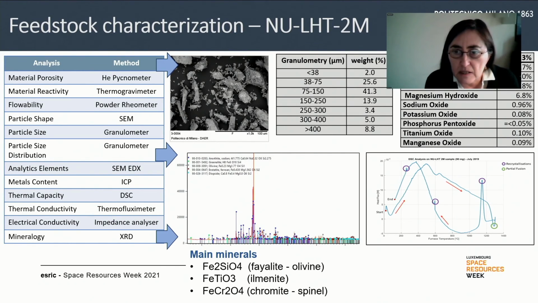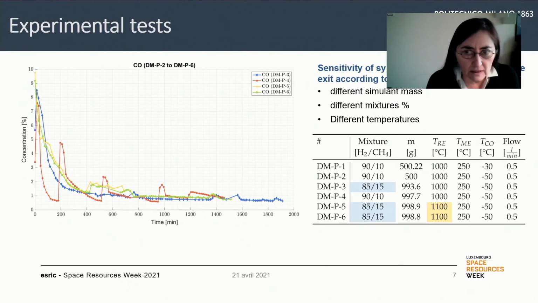You can also see the XRD for the mineralogy, and then also the DSC, which was fundamental to fix the maximum working temperature at the very right. It states that we could go up to 1100 Celsius without any melting events. That is our critical point.